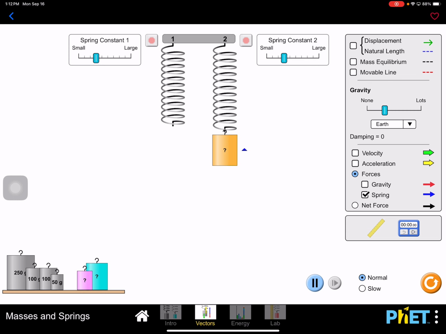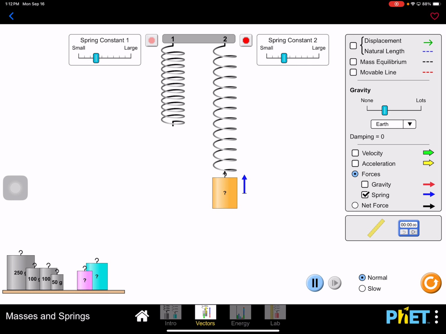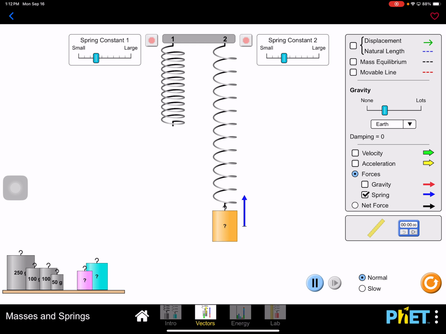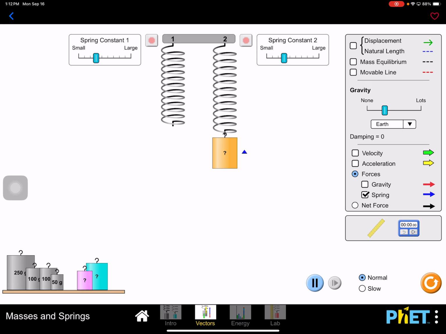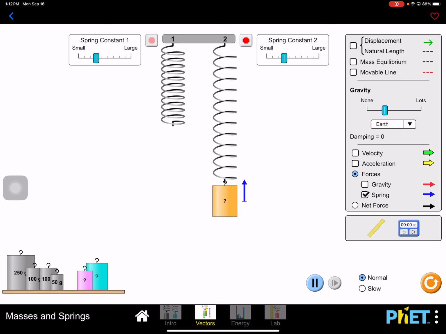If I push on it, the spring force decreased. This is the equilibrium position. If you disturb it in any direction, the forces the spring applies will restore it to the equilibrium position. The forces that come into play are restoring forces.